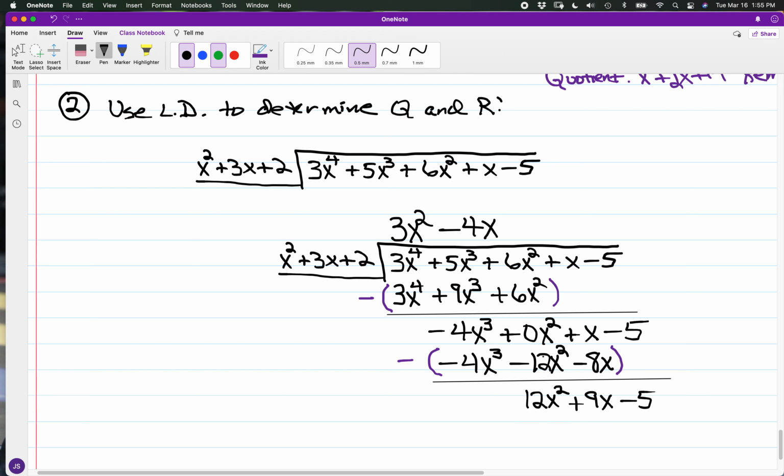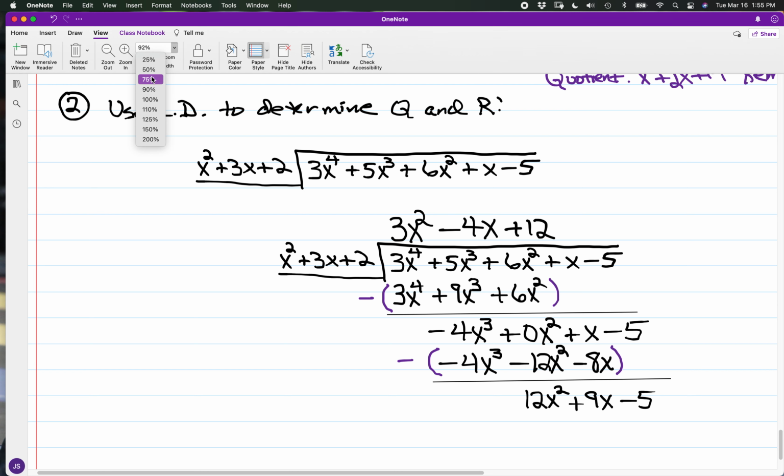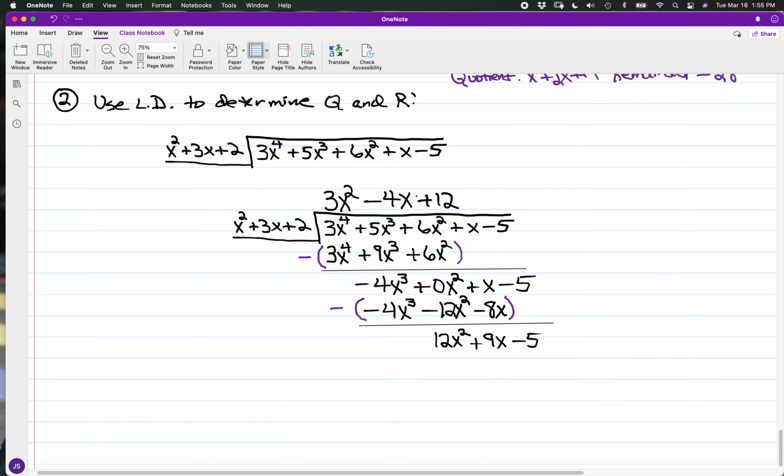For the next term in the quotient, I take x squared into 12x squared. So this is going to go 12 times. Distributing 12 over x squared, this will be 12x squared. 12 times 3x becomes 36x, and 12 times 2 becomes 24.